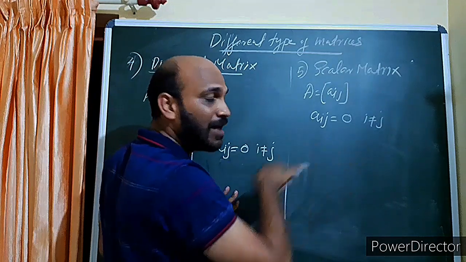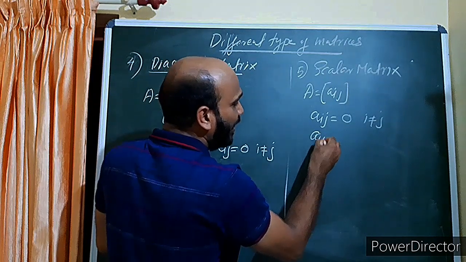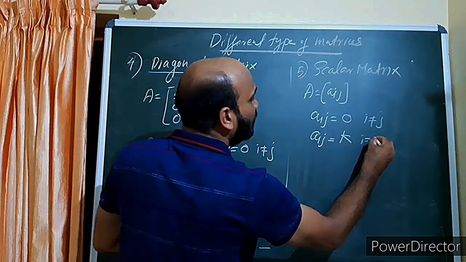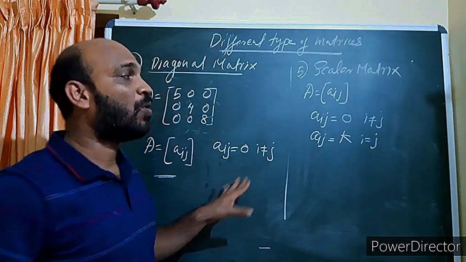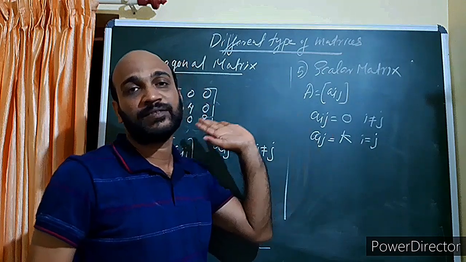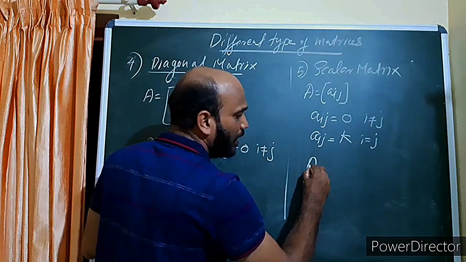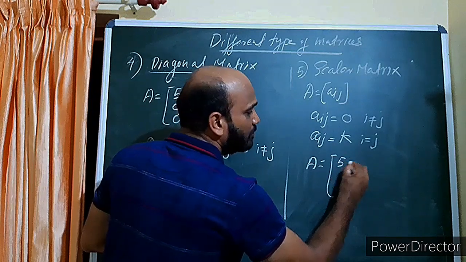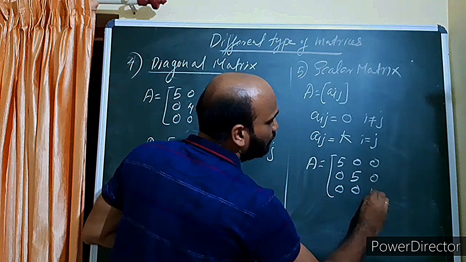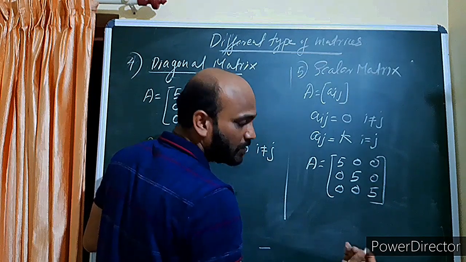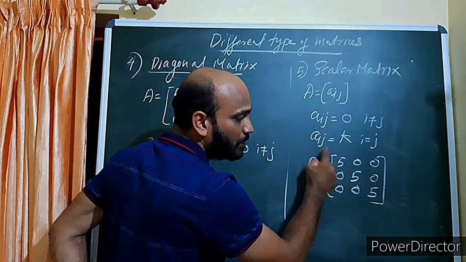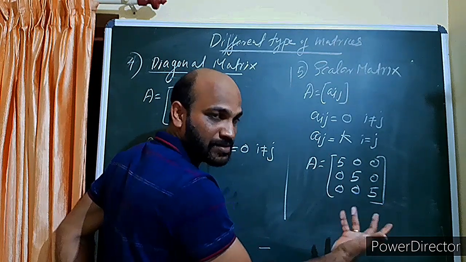That means it should be a diagonal matrix, and Aij equal to k for i equal to j. It means all non-diagonal elements are zeros and the diagonal elements should be the same. For example, A equal to 5, 0, 0, 0, 5, 0, 0, 0, 5. Non-diagonal elements are zeros and diagonal elements should be the same. It can be 5, 2, etc.